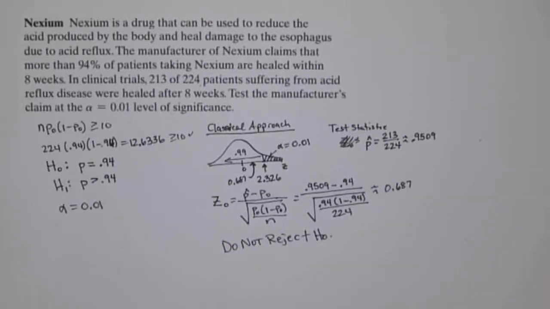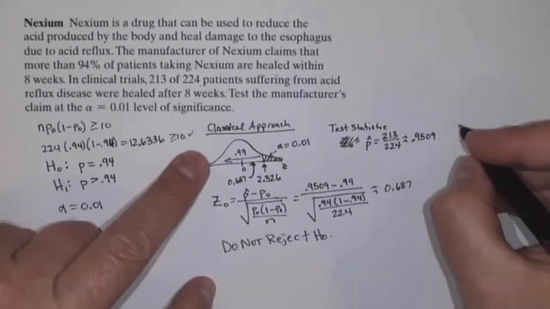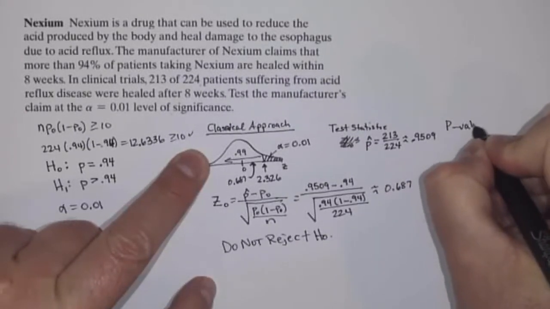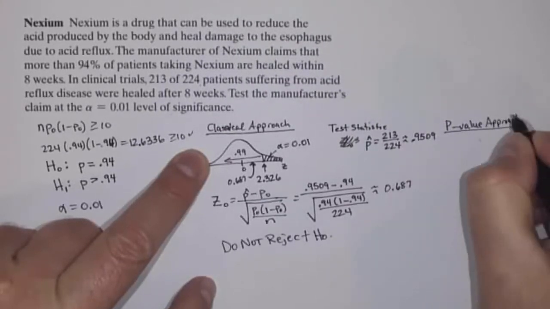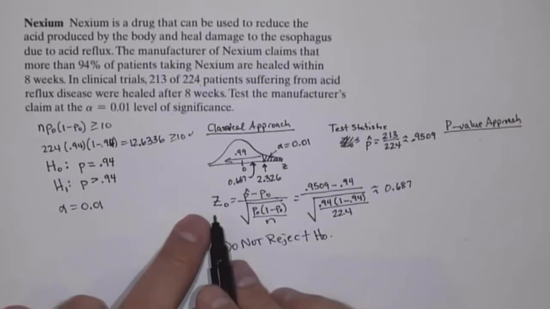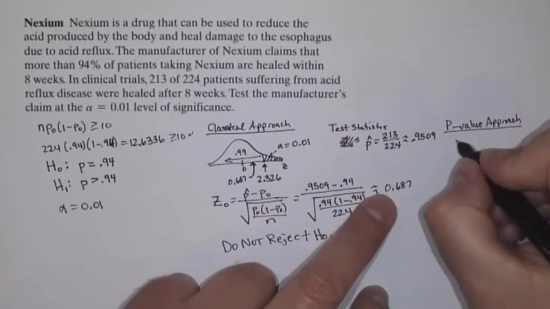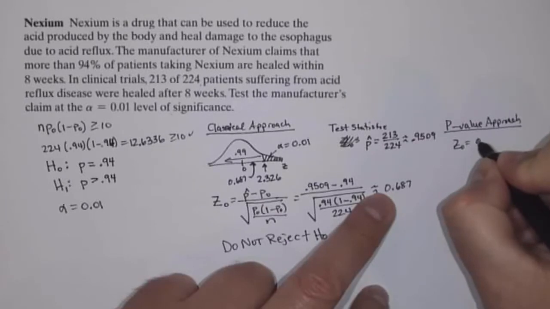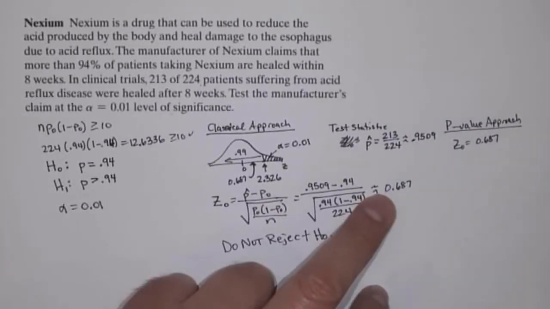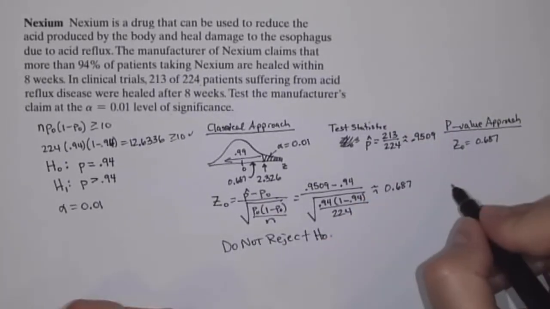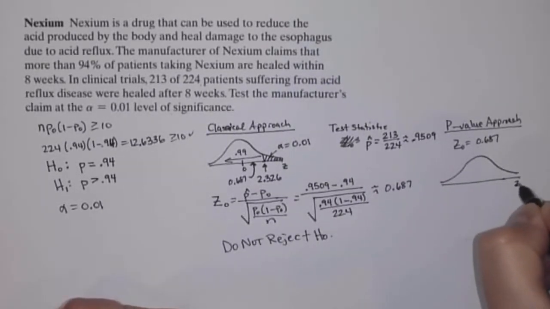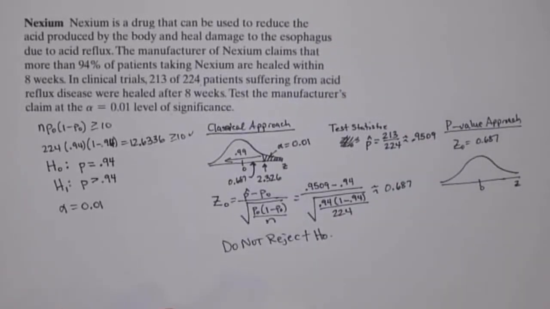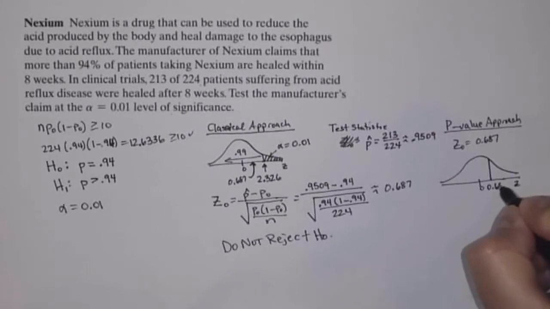Now what if we did the p-value approach? With the p-value approach, I still have to calculate z-naught. So I would still calculate and get that z-naught equals 0.687. But in this case, to find the p-value, because it is a right-tailed test, the p-value would be the area to the right of 0.687.